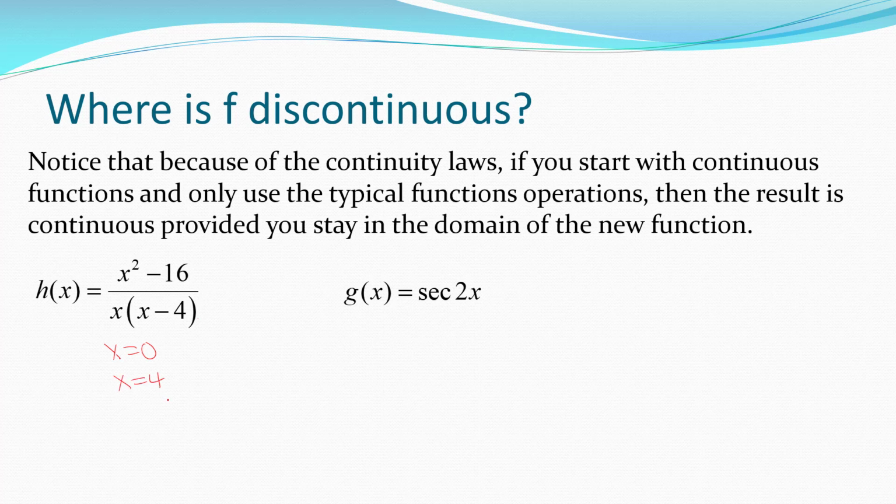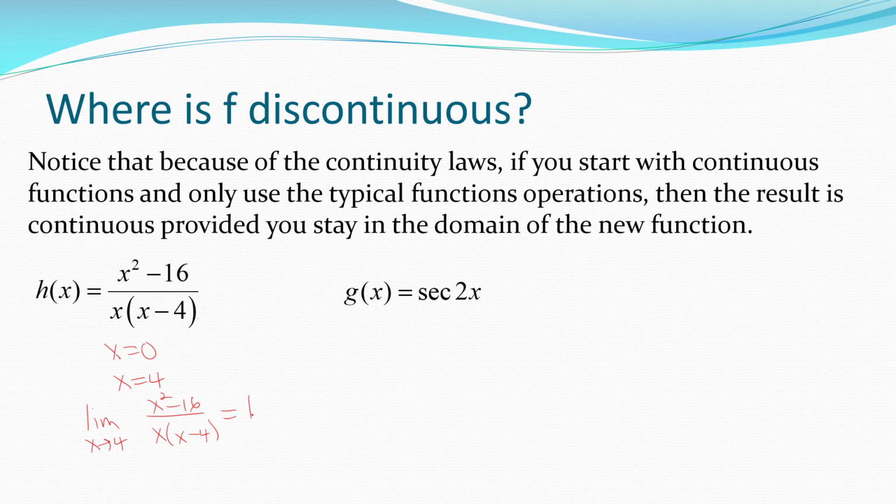I could then come back, if you want to, and find out the limit of the function at these values, if it exists or if it doesn't exist, to classify the type of discontinuity. So if I want to look at the limit as x approaches 4 of the function h, that'd be x squared minus 16 all over x times x minus 4.